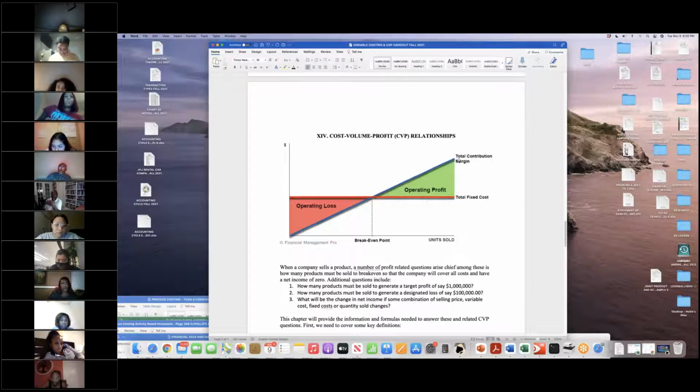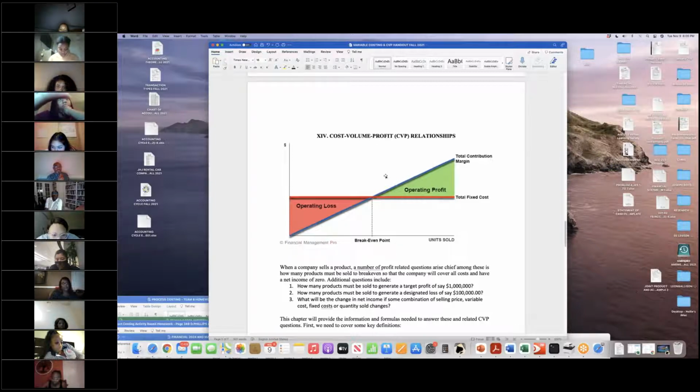In terms of planning, nobody tells us what the quantity is. We use formulas to tell us, okay, if we want to break even, this is the quantity we've got to make and sell. If we want to make $1 million, this is the quantity. And if we want to minimize our losses to only 100,000, this is what we have to sell.